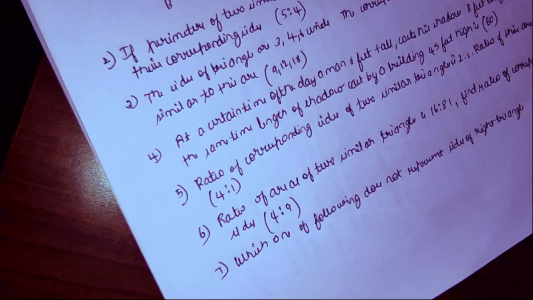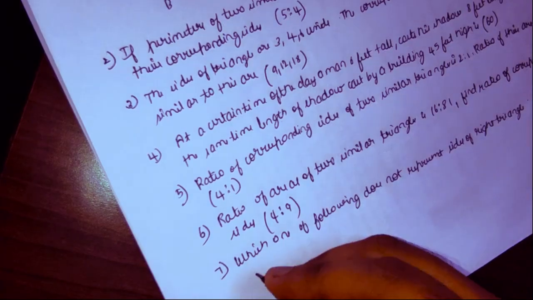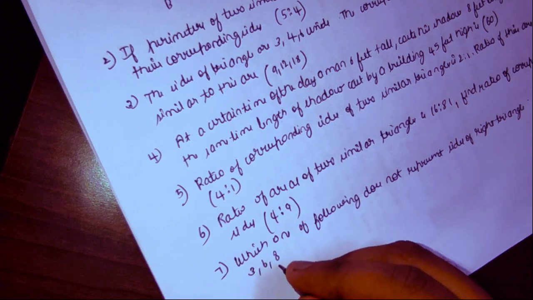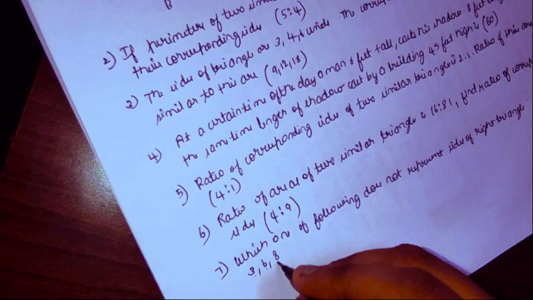If you cannot apply Pythagoras theorem to any of the sets, then those three sides are the ones which do not represent the sides of a right triangle. The answer here is 3, 6 and 8 centimeter. You cannot apply Pythagoras theorem here. This is 9, this is 36 and this is 64. Square of this.